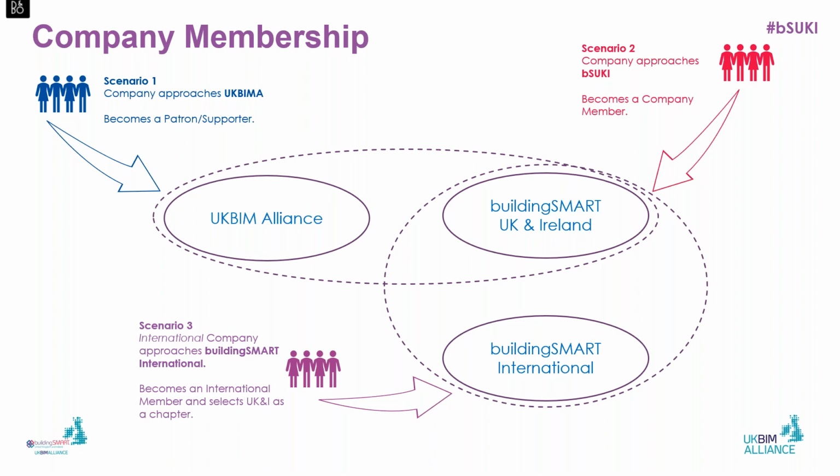So that's how different companies can join in at different levels. But basically, all we need to know for the moment in terms of joining in and contributing to Building Smart UK and Ireland, anybody can do so at no financial cost.